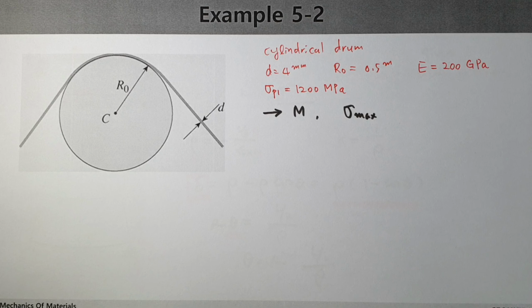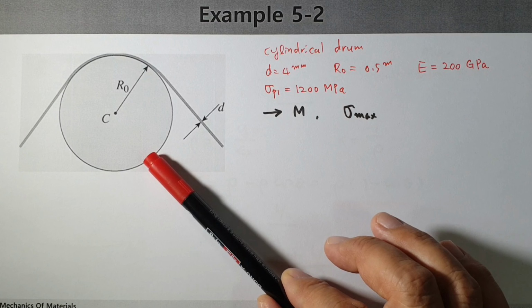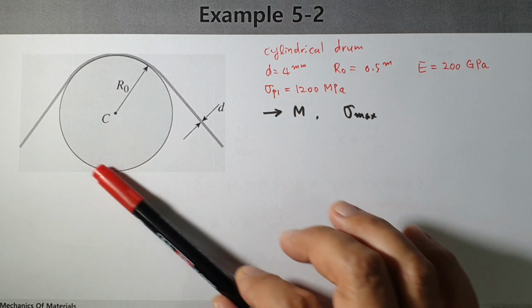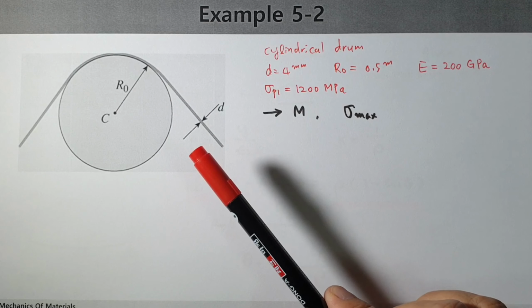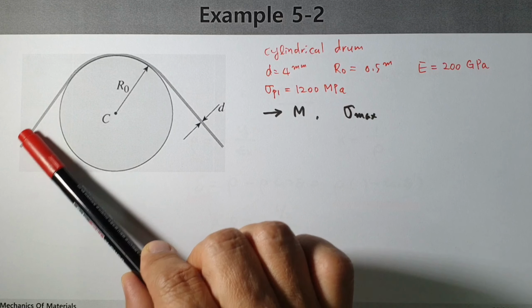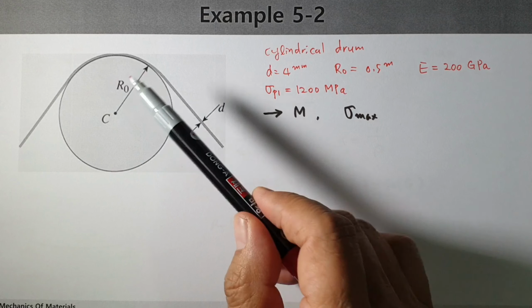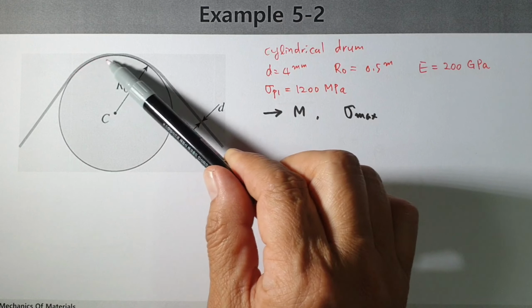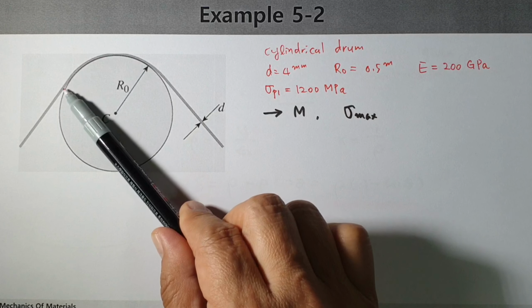Okay, now let's think about another example. In this example, we have a drum. It's a cylindrical drum, and around the drum, a very high strength steel wire is bent like this, without any room. It is in perfect contact like this.